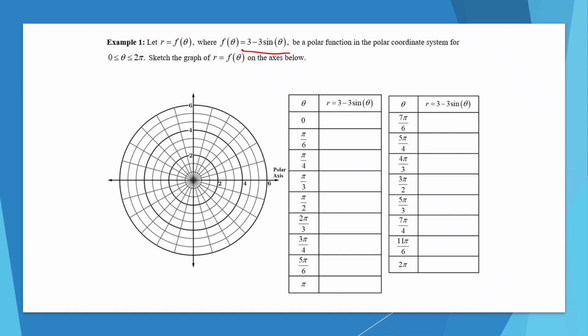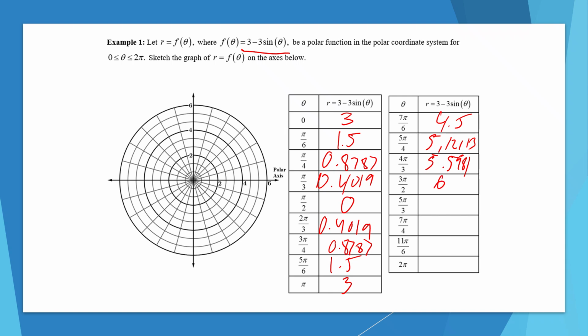All right, I'm just going to write down the answers that I got using my calculator. So 3, 1.5, 0.8787, 0.4019, 0, 0.4019, 0.8787, 1.5, 3, 4.5, 5.1213, 5.5981, 6, 5.5981, 5.1213, 4.5, and then 3.